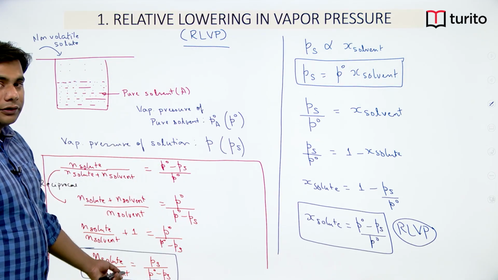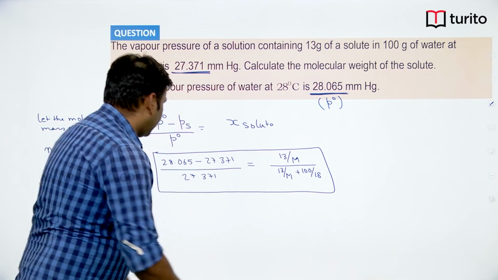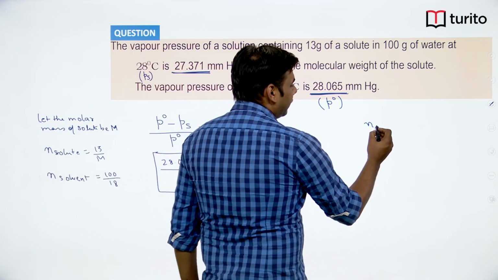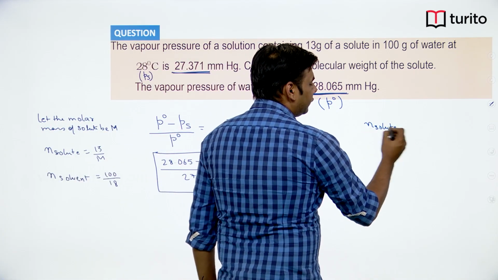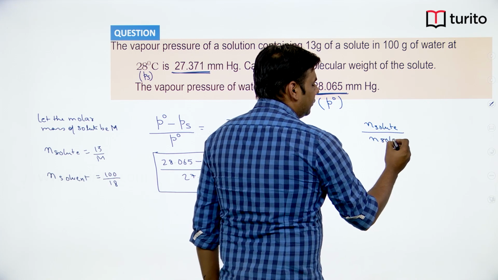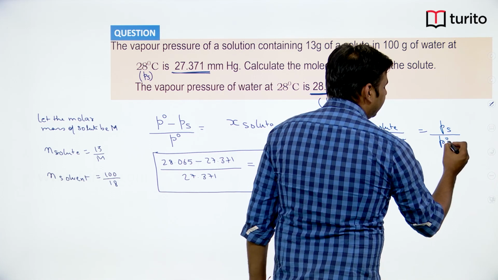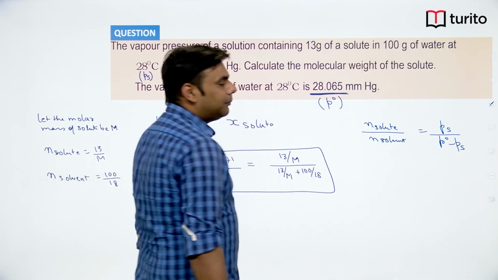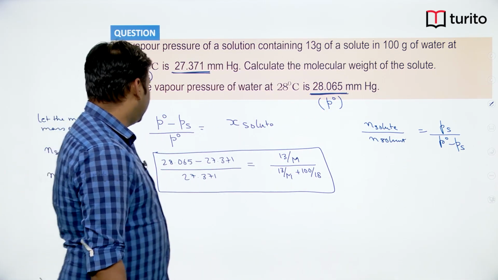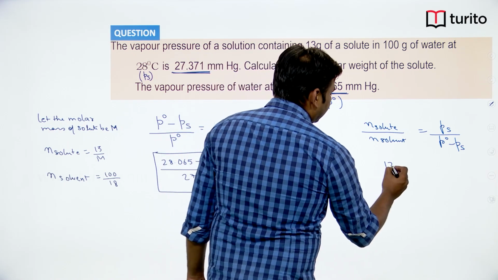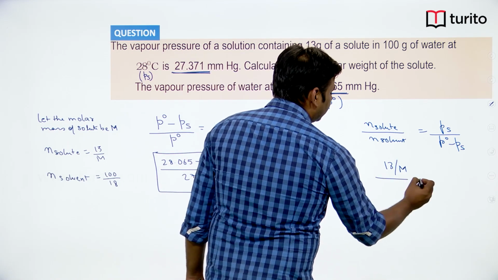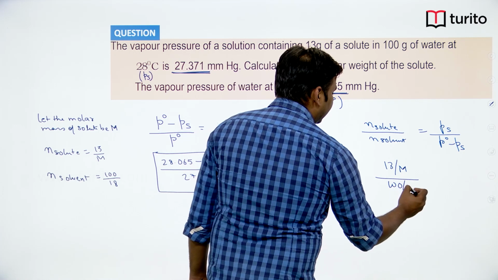You can also use this formula, which is number of moles of solute upon number of moles of solvent equals Ps, that is the pressure over the solution, divided by P naught minus Ps. We know the number of moles of solute is 13 by M, and the number of moles of solvent is 100 by 18.